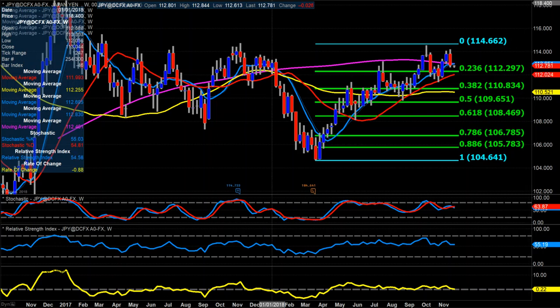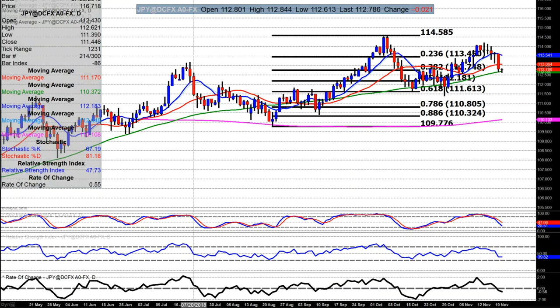Right, let's have a look quickly now at the daily. Again, the market doesn't look extremely happy at the moment. I think it is a case of selling into strength on dollar yen today. I think the upside it's going to get to would be 113.5. I'd worry about it if we didn't break through 113.10.